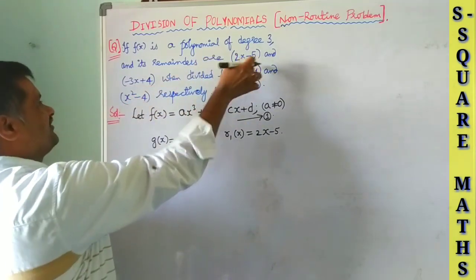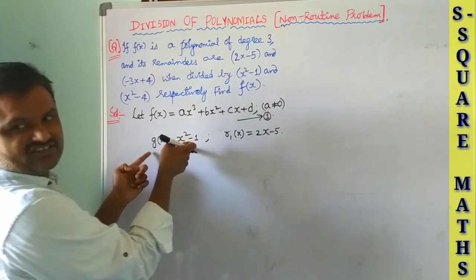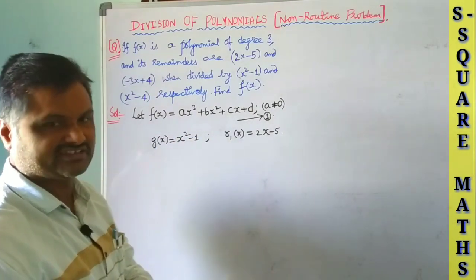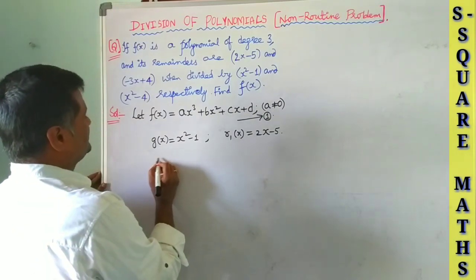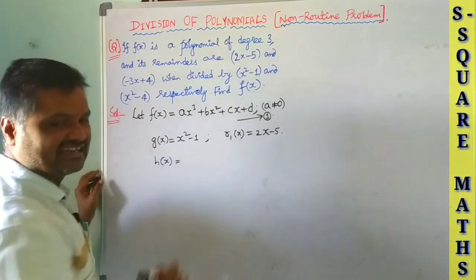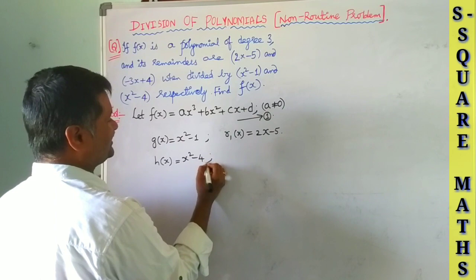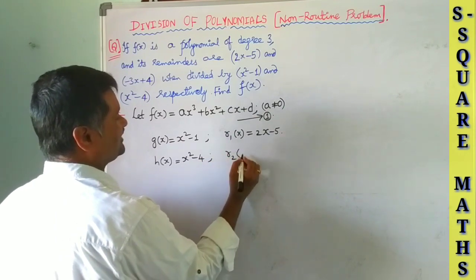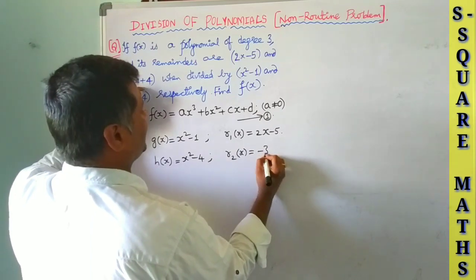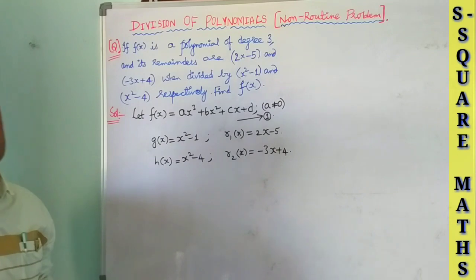When f of x is divided by x square minus 1, the remainder is R1 of x, let us suppose that. And next, h of x is our second divisor, nothing but x square minus 4, and the remainder for this is given as minus 3x plus 4. So these are the conditions given.